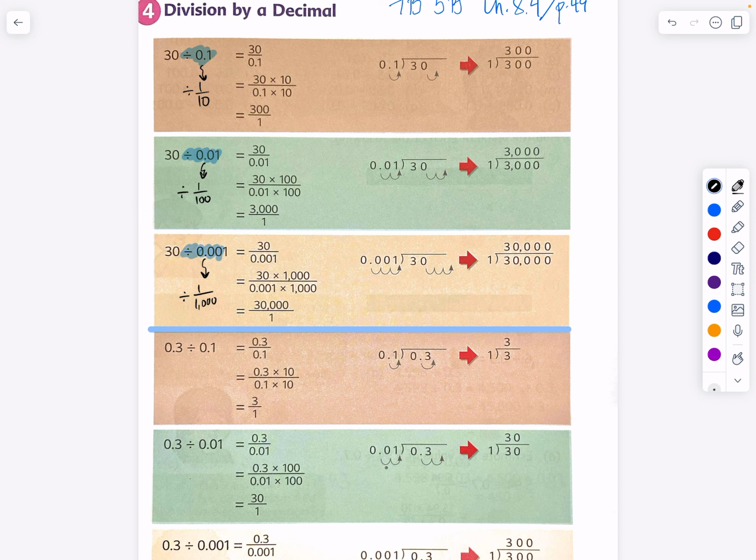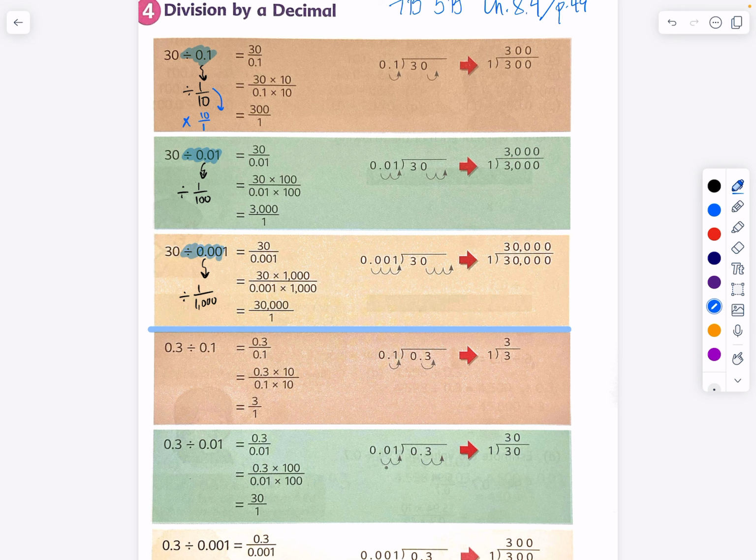So let me continue with this theme. How do we divide by a fraction? To divide by a fraction is the same as to multiply the number by the reciprocal of that fraction. So to divide by 1/10 is the same as to multiply by the reciprocal, which is 10 over 1, or just 10.